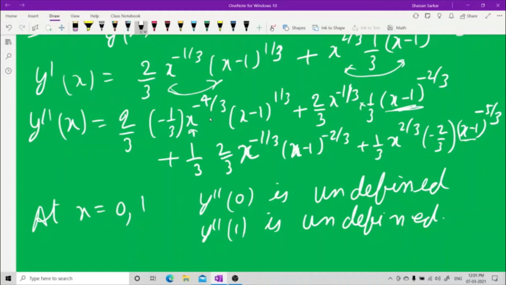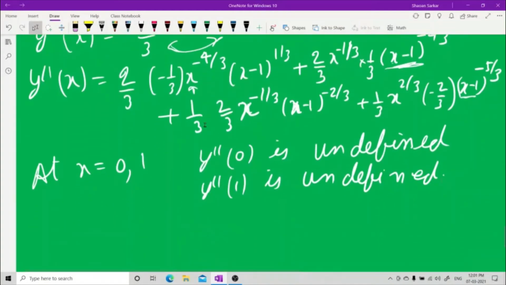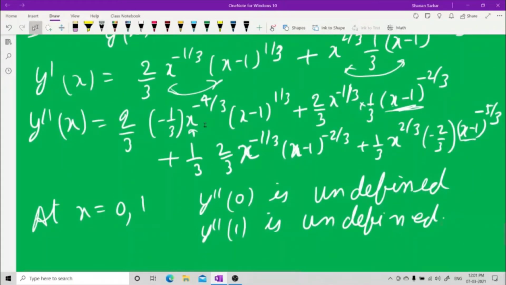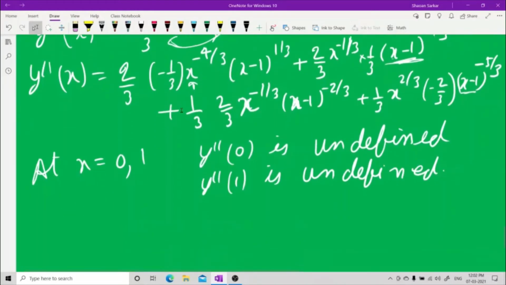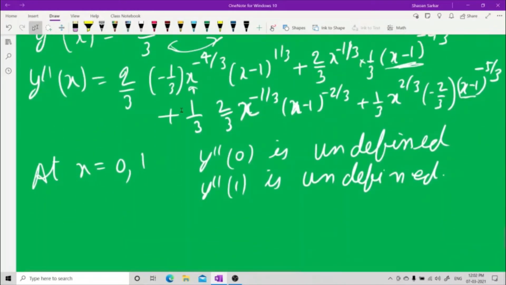Now see if we can cut certain points. Let us see, now at x equal to 0. We can use this. See how to manipulate this.